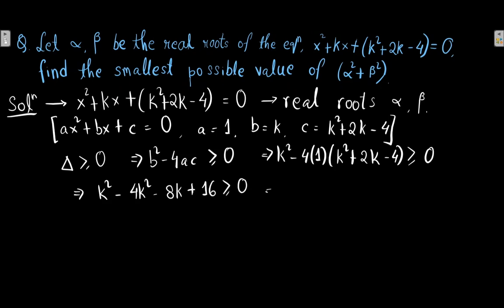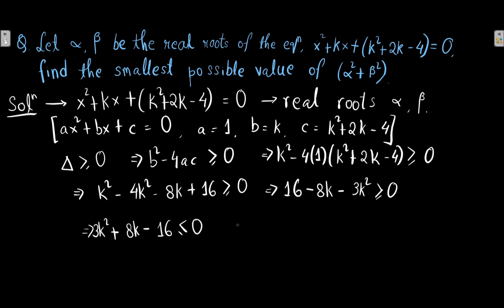Okay, so again this further simplifies to 16 minus 8k minus 3k square, since k square minus 4k square is minus 3k square. This is greater than equal to 0, right? Okay, so let us multiply both sides of this inequality with minus 1. So we get 3k square plus 8k minus 16 will become less than equal to 0.